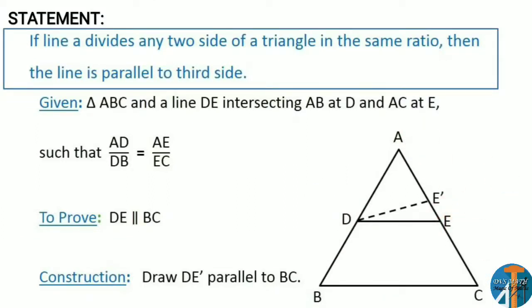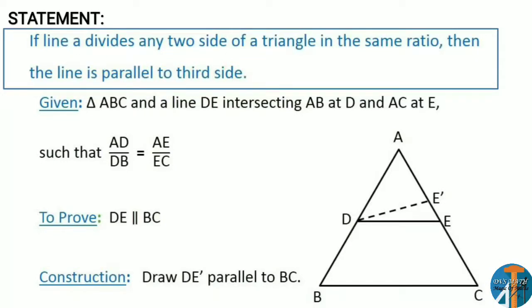So now what is given is AD by DB equals AE by EC. What we have to prove here is that this line DE is parallel to BC, that is, the line is parallel to the third side.